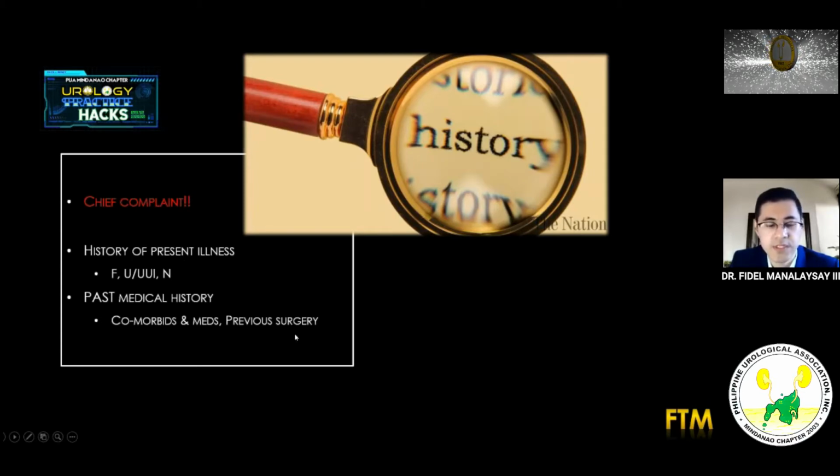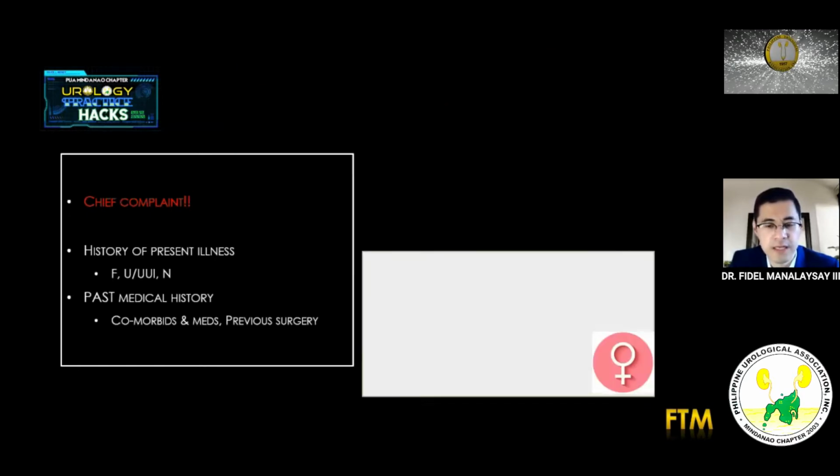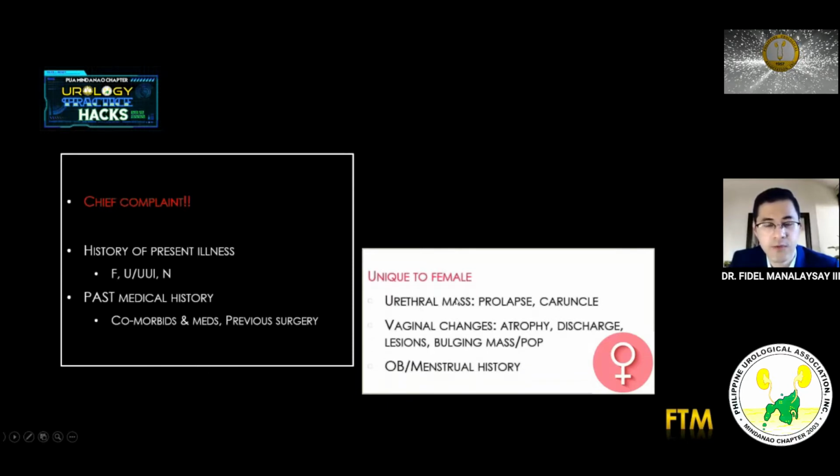Also, previous history is important to determine if there's a previous sling procedure or previous incontinence procedure. What is unique in the female are presence of urethral mass, which can be a prolapse or caruncle, vaginal changes like atrophy, discharge, lesions, bulging mass, and we should always elicit an OB or menstrual history.